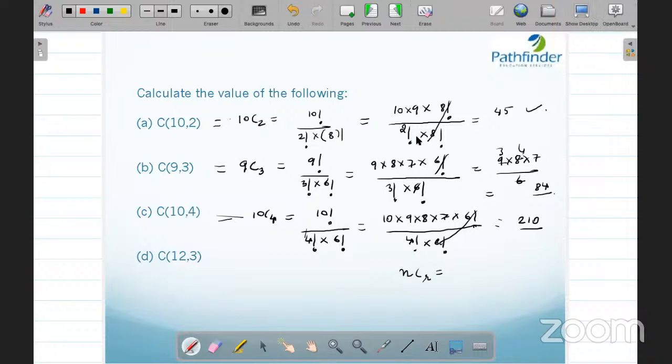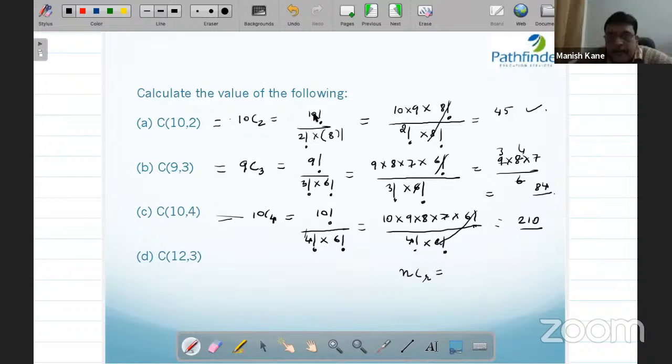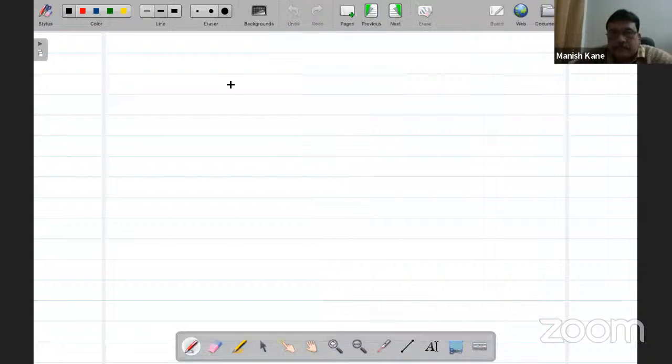Excuse me, sir. How has the denominator factorial 4 been solved? Okay, how the denominator factorial 4 has been solved. Fine. So let me help you there. This is 10C4. 10C4 gives you factorial 10 upon factorial 4 multiplied by factorial 6.